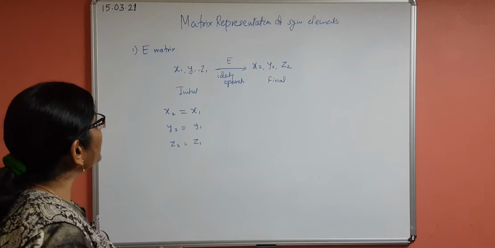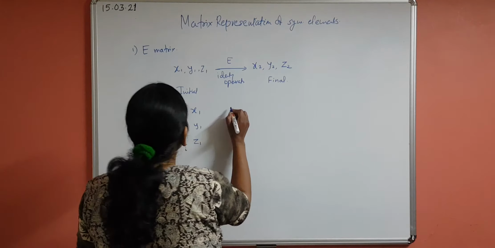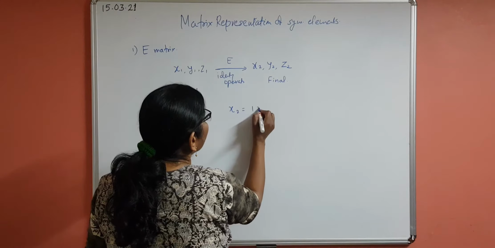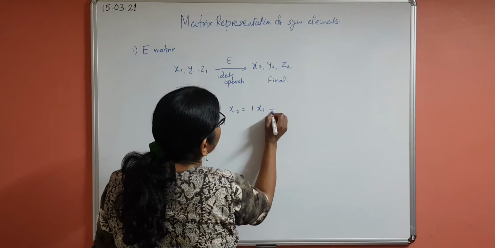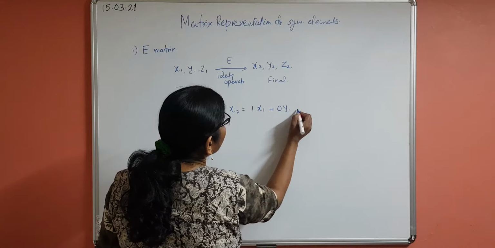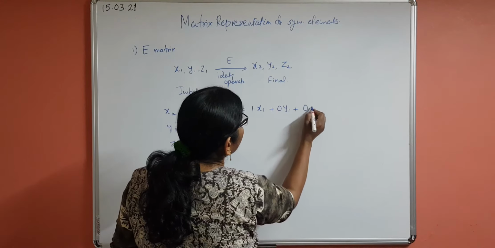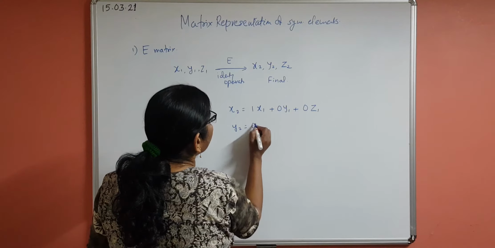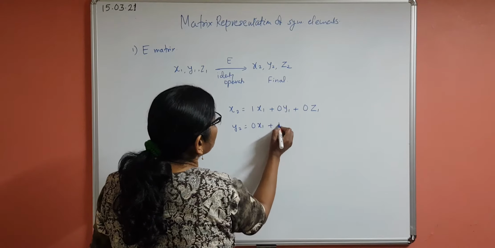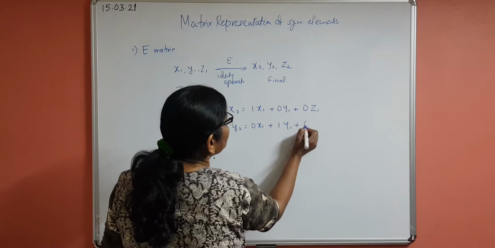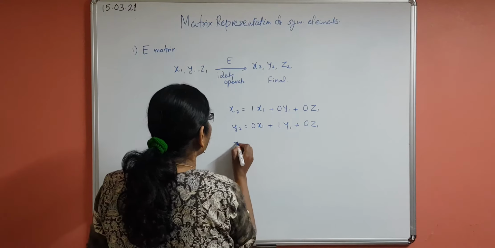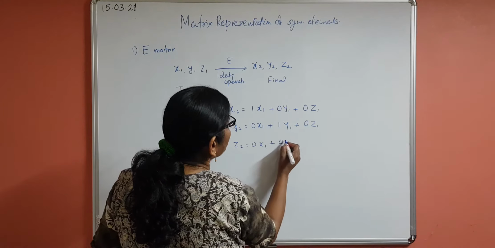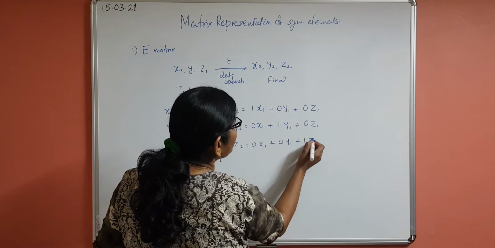If I have to write the equations: x2 is equal to 1 x1 plus 0 y1 plus 0 z1. y2 is equal to 0 x1 plus 1 y1 plus 0 z1. And z2 is equal to 0 x1 plus 0 y1 plus 1 z1.